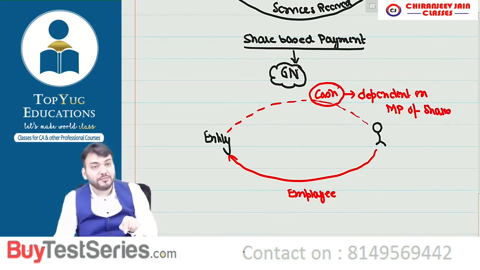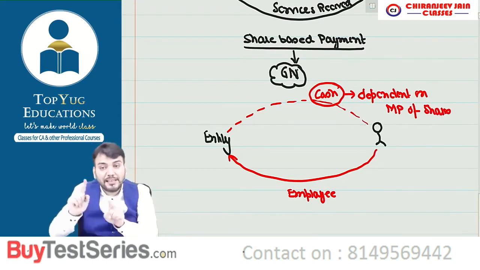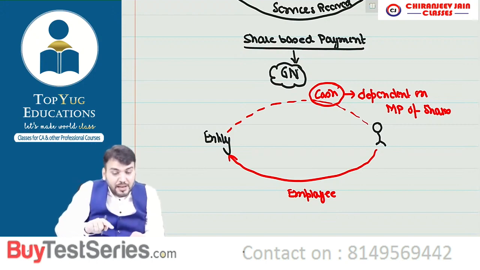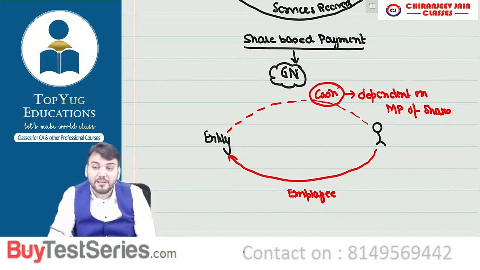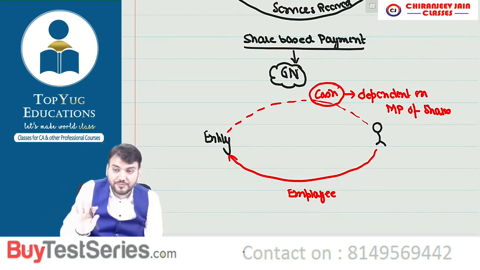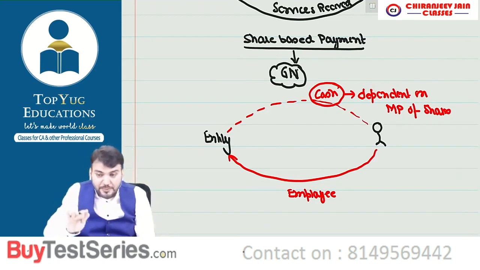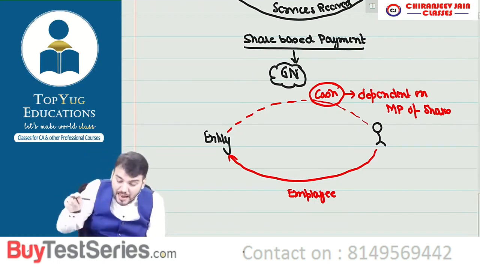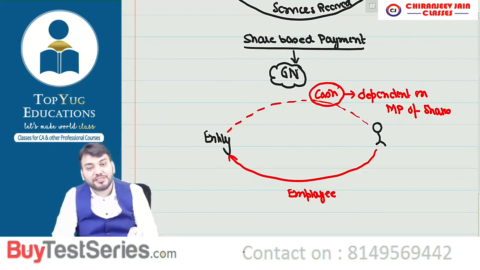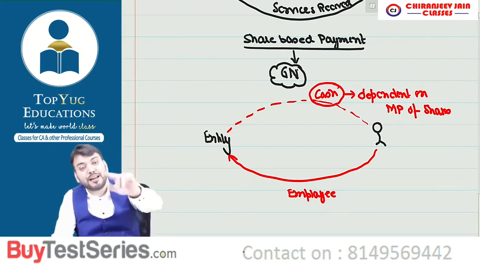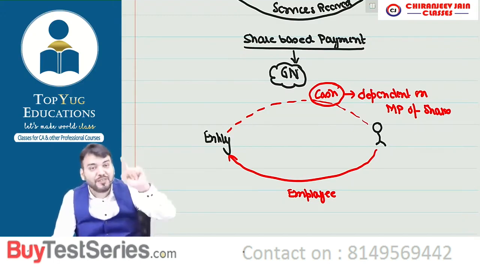Are you getting what I'm saying? So here the entity receives services and the employee is entitled to receive cash, which is based on the market price of equity instruments.